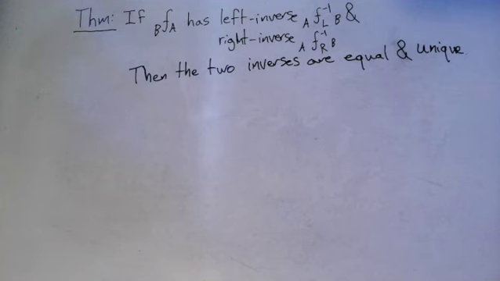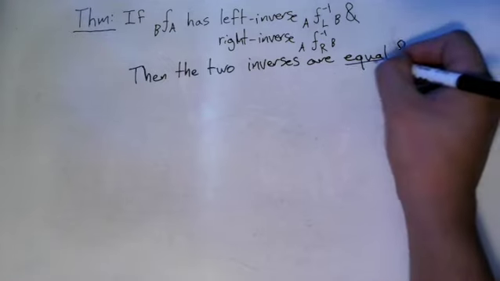The next result will lead us directly into our next definition. So if a morphism f from A to B has both a left inverse and a right inverse, then the two inverses are equal and unique.